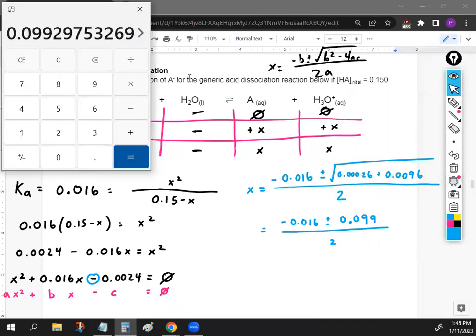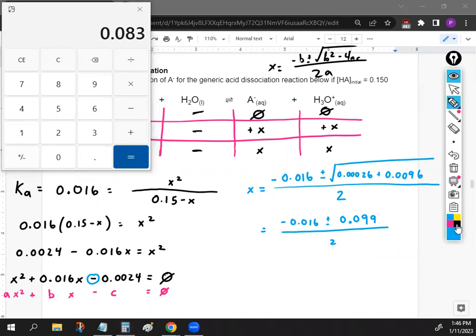Okay. Everybody good? All right, so from here, we can go 2 different ways. Since it's plus or minus, we can either add or we can subtract, but we have to do both to check our number. So we're going to start with negative 0.016, and we're going to do addition first, so plus 0.099.